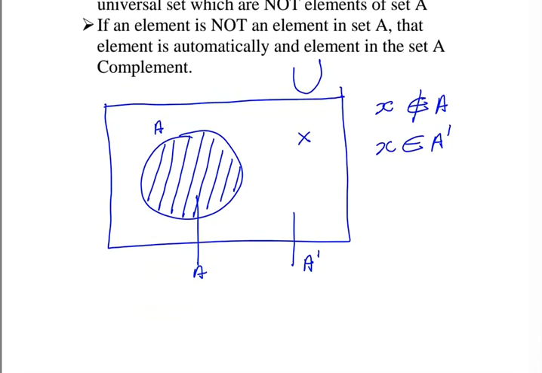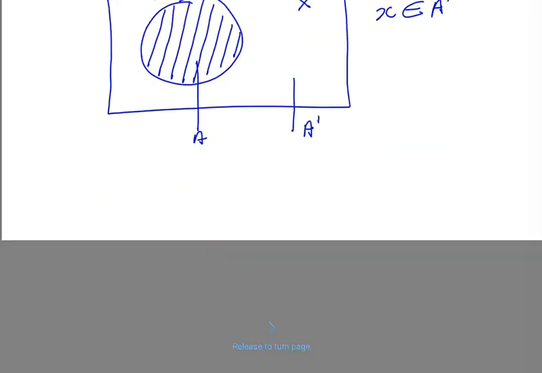All right, so things to remember from that: if an element is not an element of set A, that element is automatically an element in the set A complement.